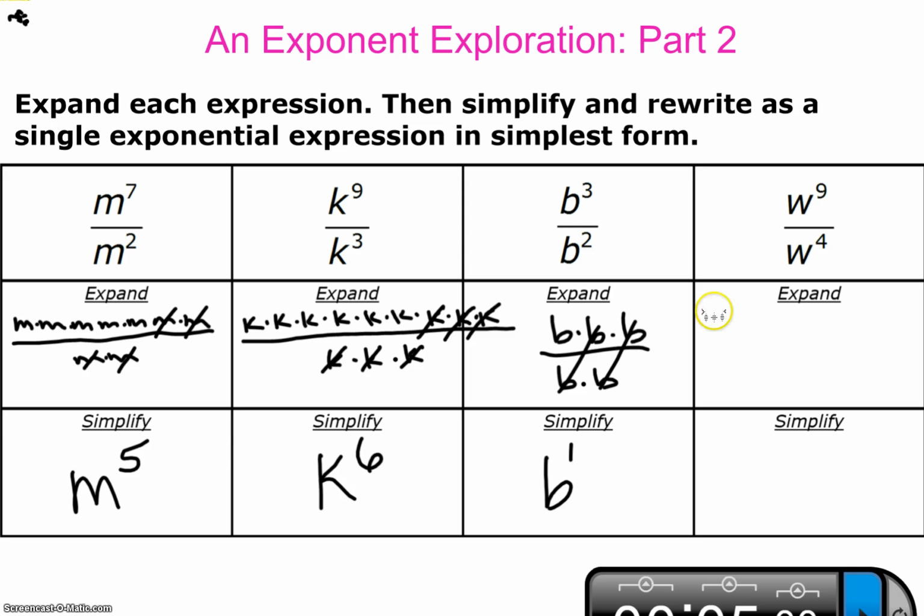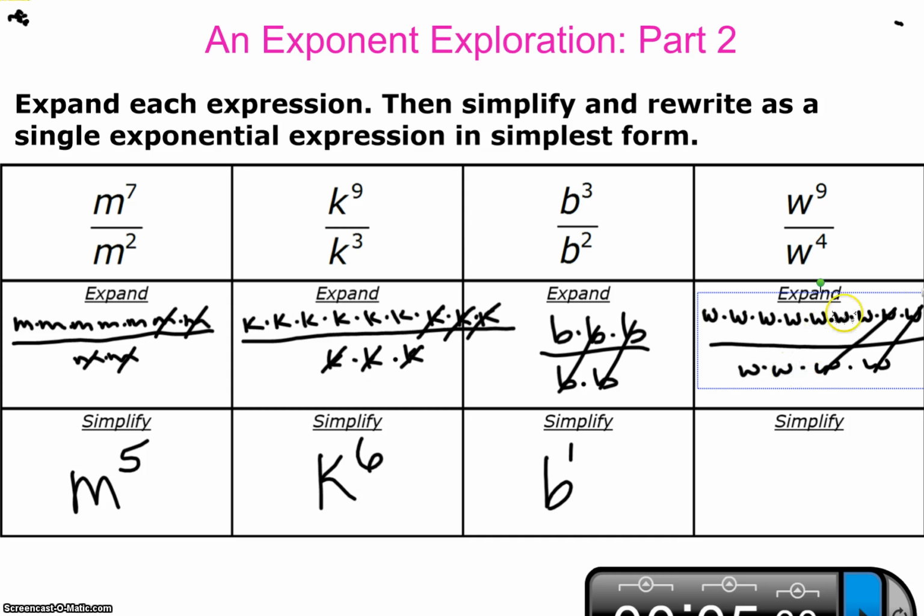Lastly, we have W times W times W times W times W times W times W, 2, 4, 6, 7 W times W. All divided by W times W times W times W. Those cancel, those cancel, those cancel, and those cancel. And you're left with W to the 5th power. Make sure you press pause if you weren't able to keep up with that. And then switch to the back. And when you're ready, press play.